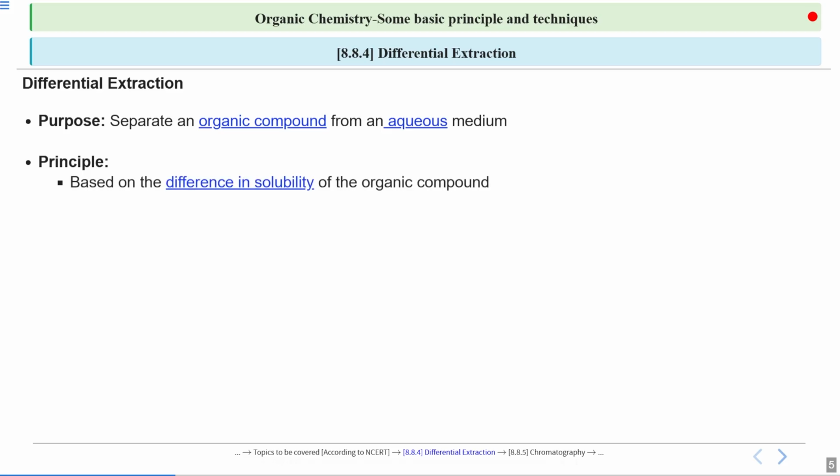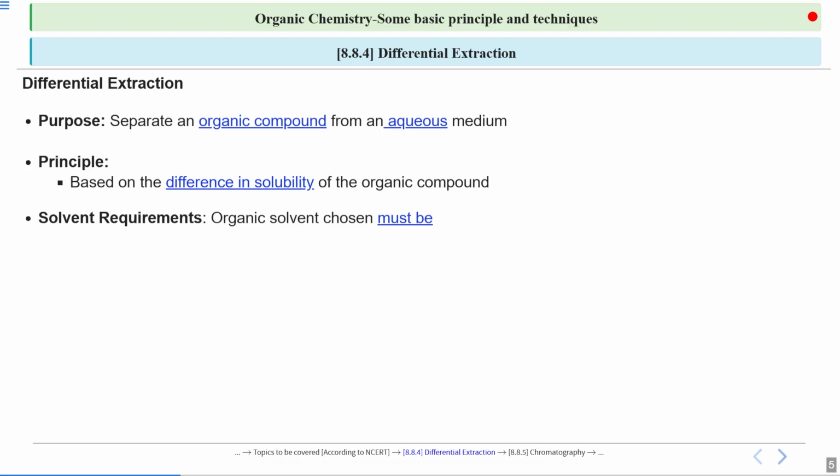It is based upon the difference in solubility of your organic compound, meaning the organic compound will dissolve better in one solvent as compared to the other impurities. Suppose you have two parts of the product: one part is more soluble in the solvent and the other part is less soluble, and that difference helps us to separate the organic compound.